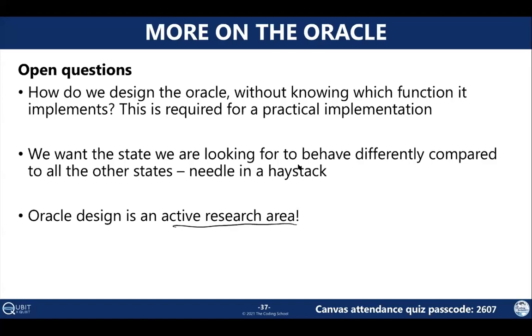We also want to note that if we're trying to do a search, we want the state we're looking for to look different than the rest of the states. This is our needle in a haystack problem, but we don't actually have to know how to create that needle in a haystack oracle. We've done an example for one state we're looking for, and you can think of ways to mark the 0, 1 state or the 0, 0 state instead.